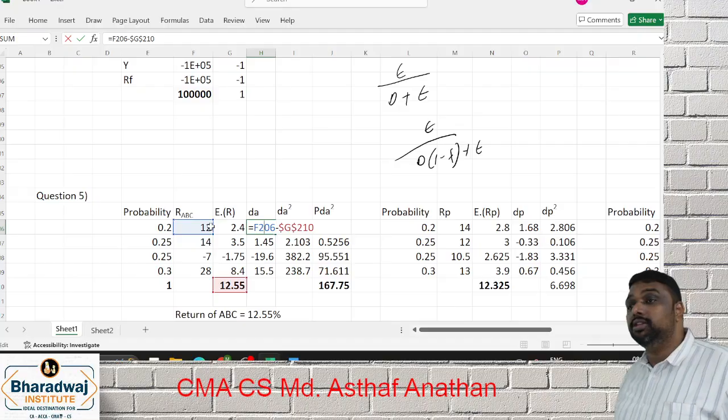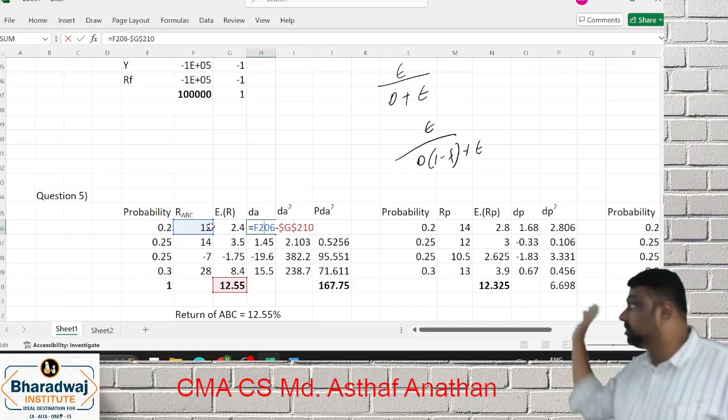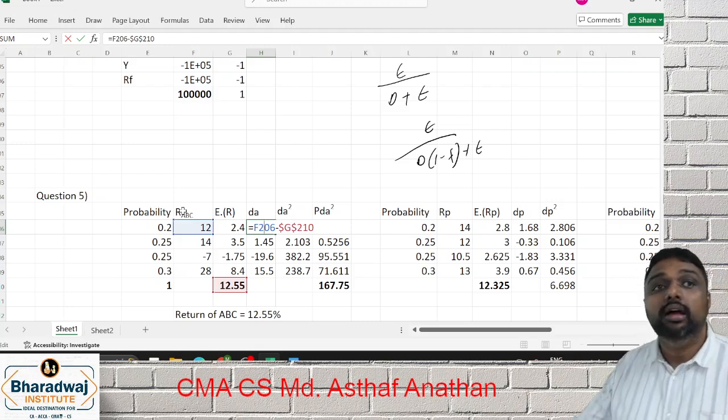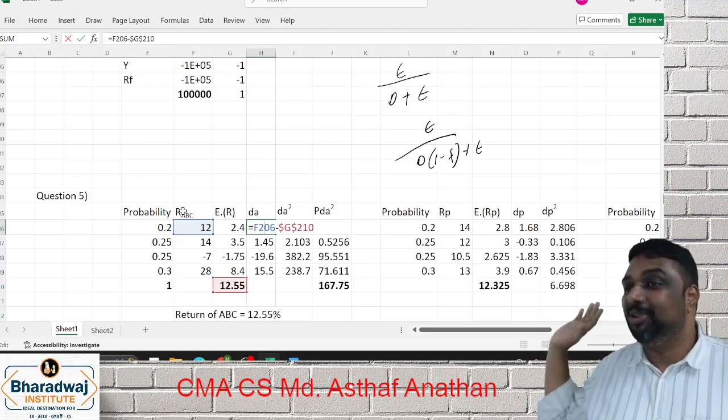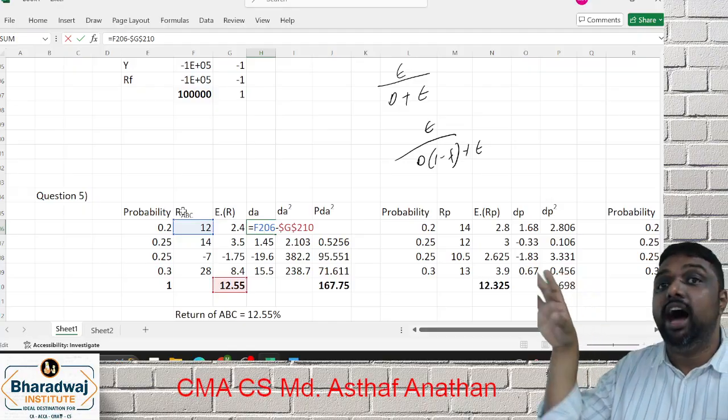A lot of students make this mistake when you conduct a class test. Only a few students participate, but when you conduct the class test, lot of students make mistakes here. For probability, you have to take this return. What is the simple point? Take the return which is given in the question, R minus R bar.